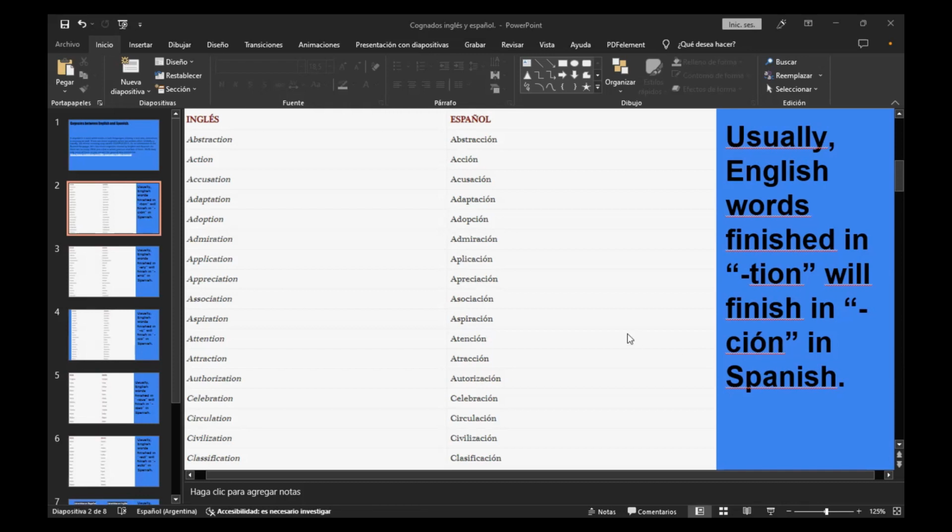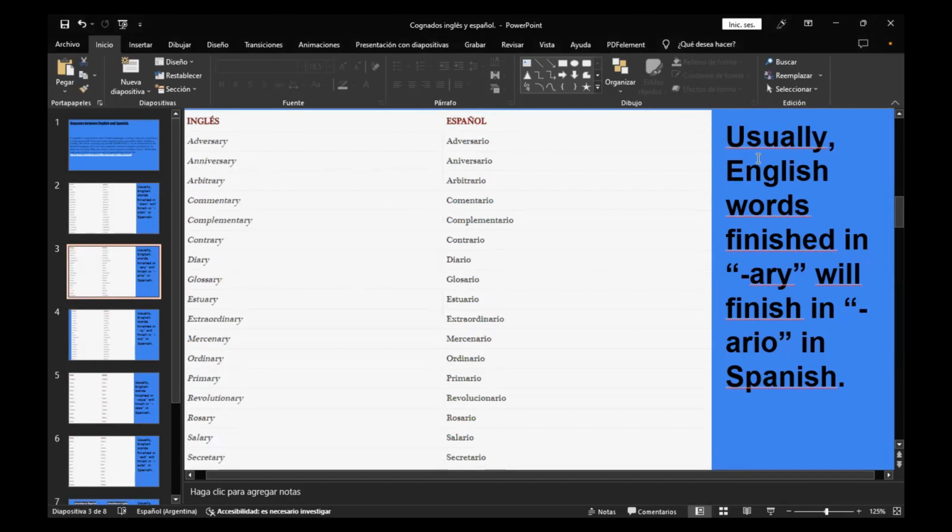Let's read some examples. Abstraction in Spanish is abstracción. Action in Spanish is acción. Accusation in Spanish is acusación. Adaptation in Spanish is adaptación. Adoption in Spanish is adopción. Admiration in Spanish is admiración.